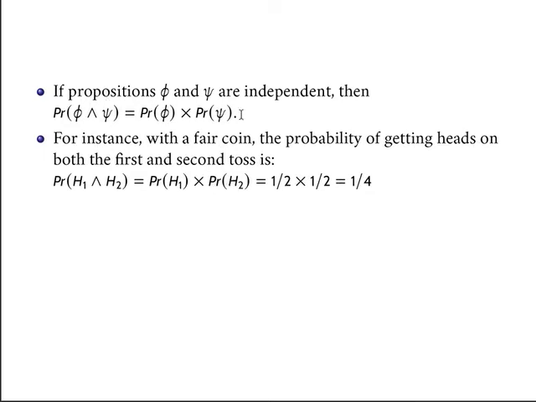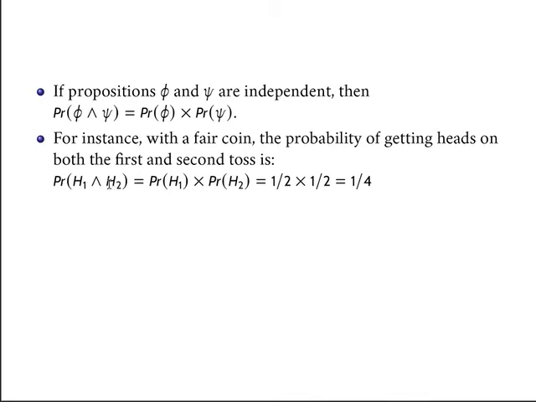And we can apply this rule precisely because we have a fair coin, and part of what it means for the coin to be fair is that what happens on one toss does not influence what happens on another toss. Each time you toss this fair coin, it's an independent process. So that is to say that however it lands the first toss, if it lands heads, that does not have an effect on whether it will land heads for the second toss.